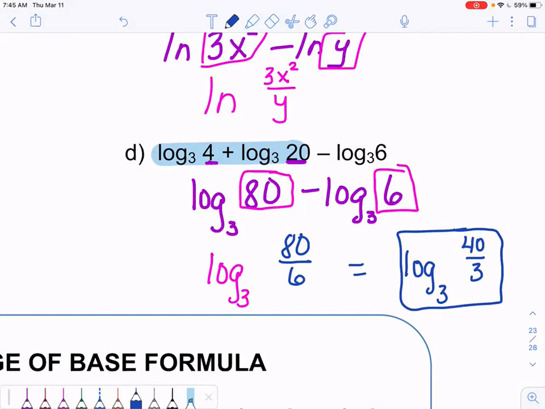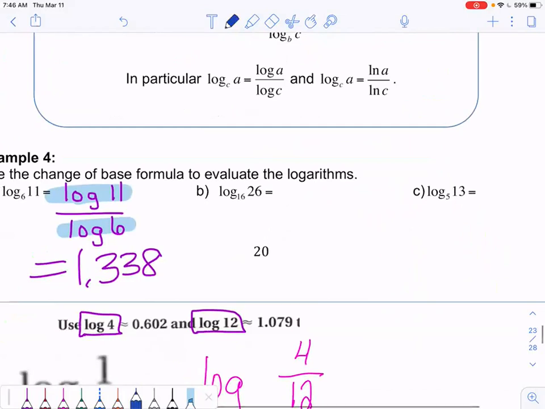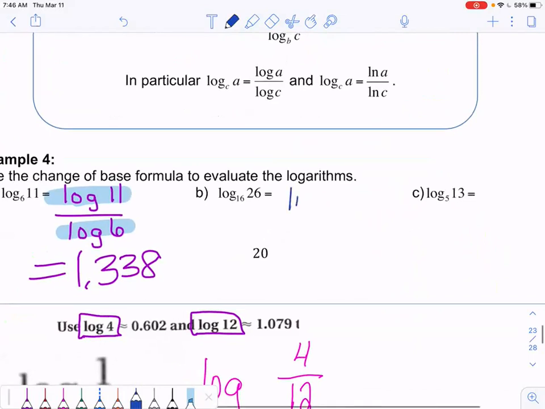The last little thing about the change of base formula, if you don't have that fancy button in your calculator, so we have the log base 16 of 26. There is a workaround. You just need to take the log of 26 and divide it by the log of 16.